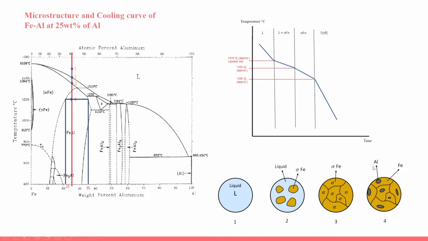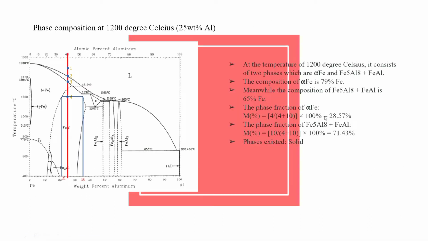This is a solid phase. So the last one, for the phase composition at a specific temperature, which I take here, 1200 degrees Celsius. At this temperature, it consists of two phases which are alpha and Fe5Al8 plus FeAl. Alpha is on the left side and Fe5Al8 plus FeAl is on the right side.